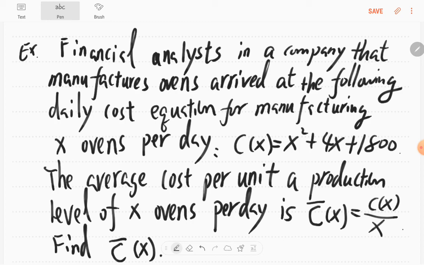The average cost per unit of production at a production level of x ovens per day is C bar, which is C, the total cost, divided by x.